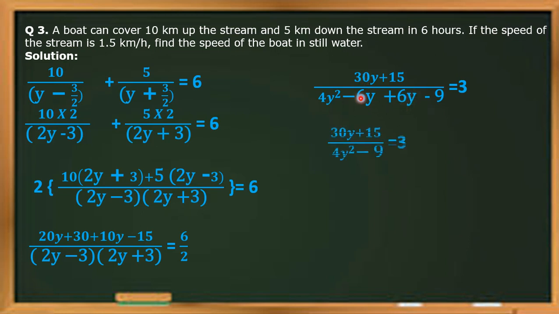In the next step, we get (30y + 15)/(4y² − 9) = 3. Now in the numerator, 30y plus 15, 3 is common, so we can take 3 common.